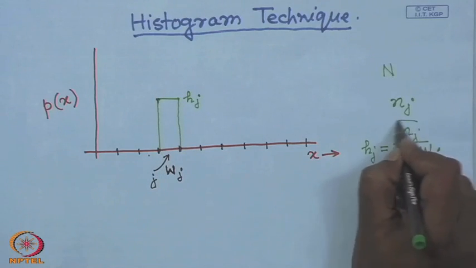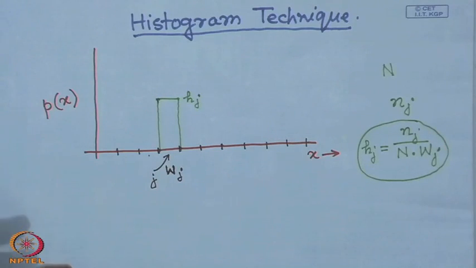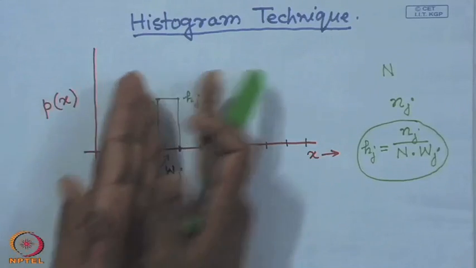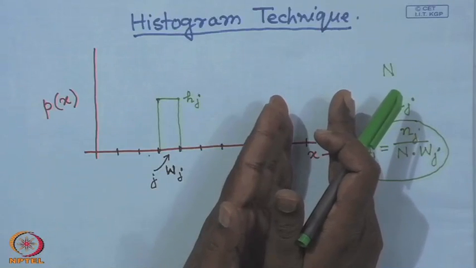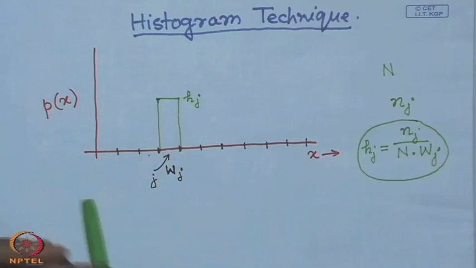Now, this particular computation has a significance. The significance is, if we assume that this histogram, so a collection of such bars is nothing but a histogram, has to represent or approximate a continuous probability density function, then the area under this probability distribution function has to be equal to 1.